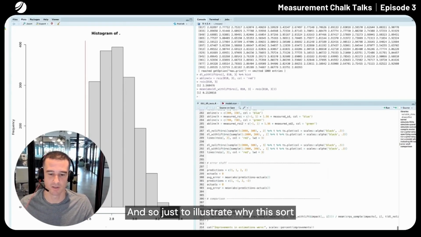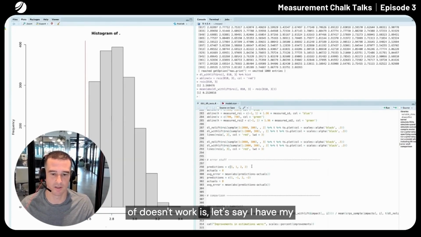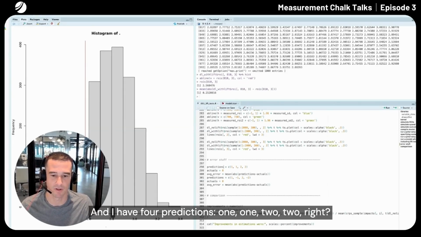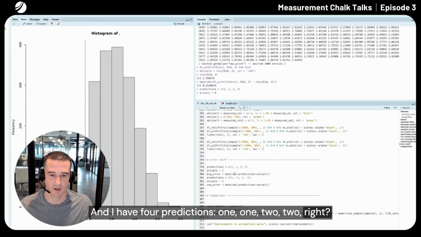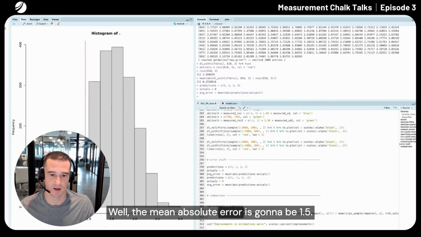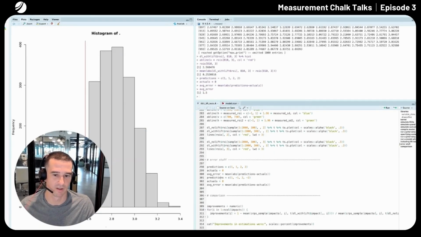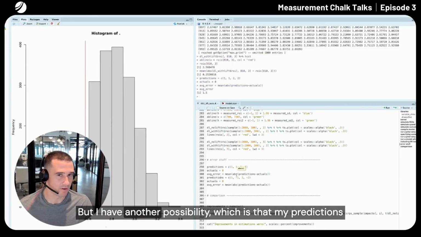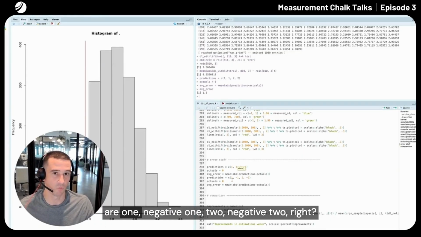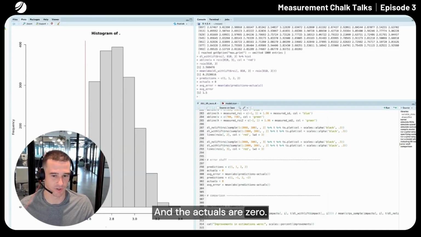And so just to illustrate why this doesn't work, let's say my actual is 0, just to keep things simple, and I have 4 predictions: 1, 1, 2, 2, right? Well, the mean absolute error is going to be 1.5. But I have another possibility, which is that my predictions are 1, -1, 2, 2, and the actual is 0.